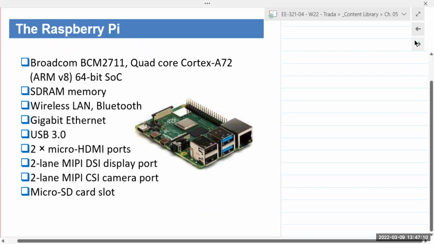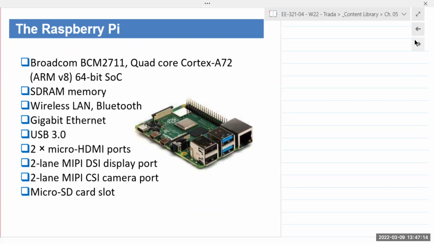Then we have the Raspberry Pi, which is actually a full-blown computer by itself. The purpose, again, by the founders, and there's a Raspberry Pi Foundation, is to get every person in this world interested in working with computers and computing. This is a full-blown computer.